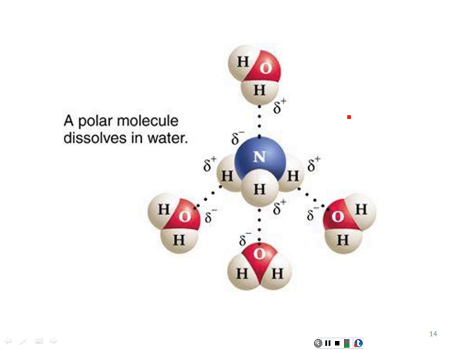So you see that the water molecule aligns itself. The negative side of the water molecule aligns itself with the positive side of the ammonia molecule, and the positive dipole side of the water molecule aligns with the negative dipole side of NH3.